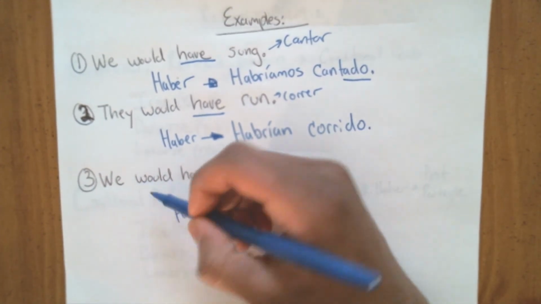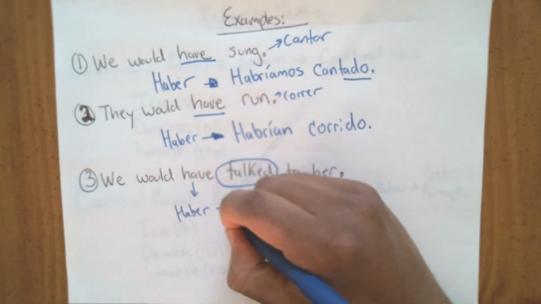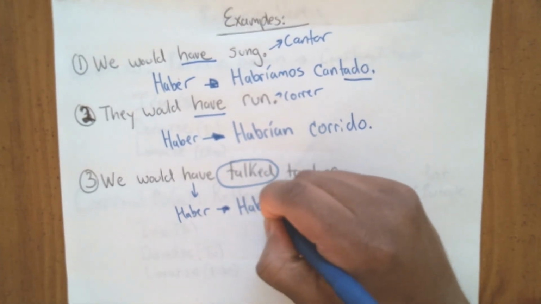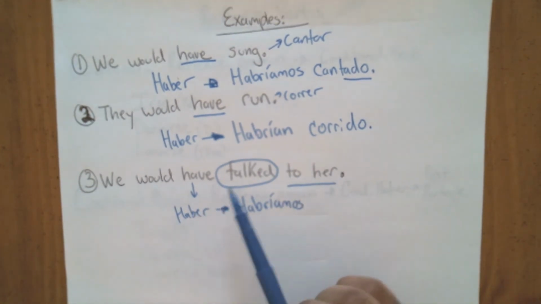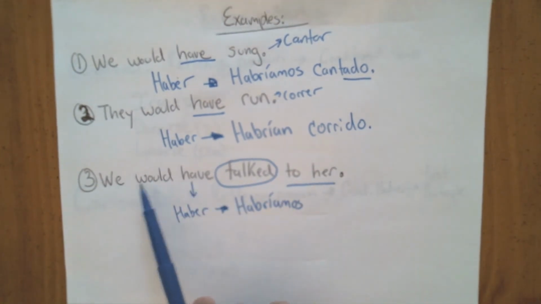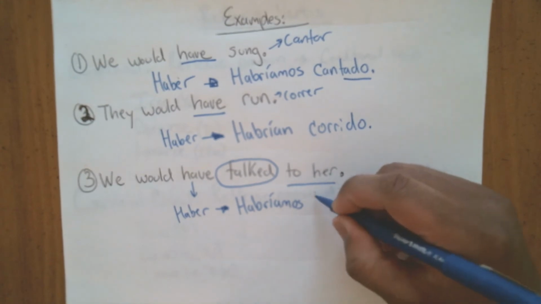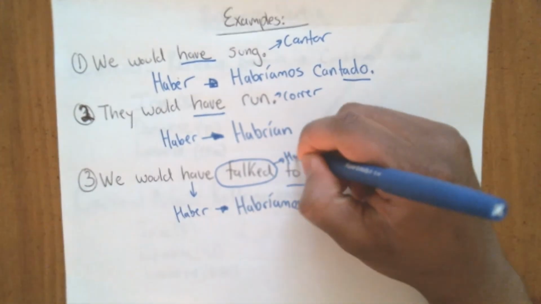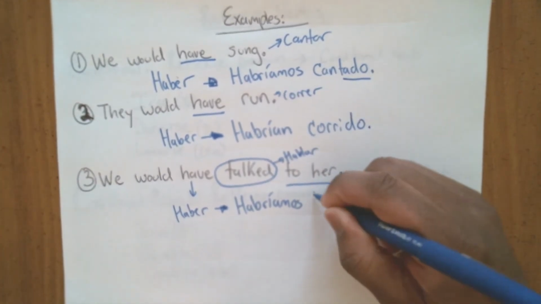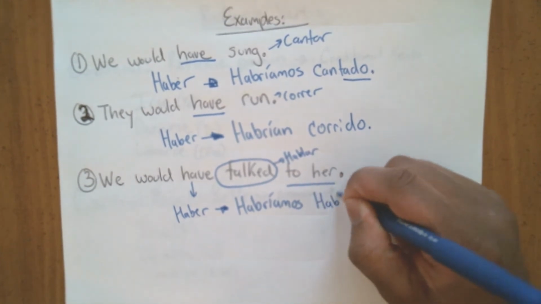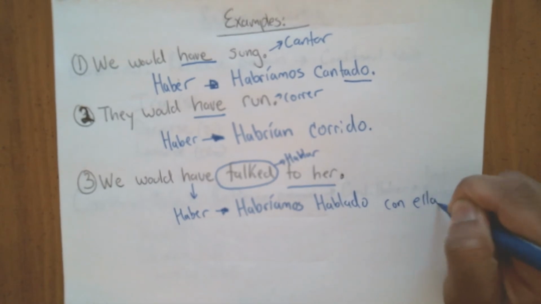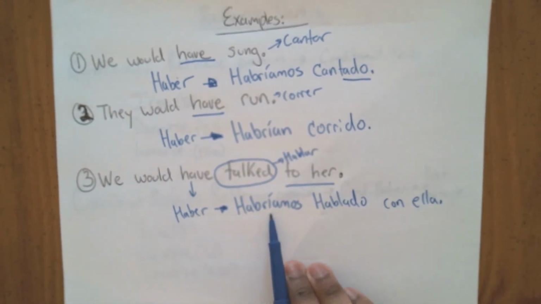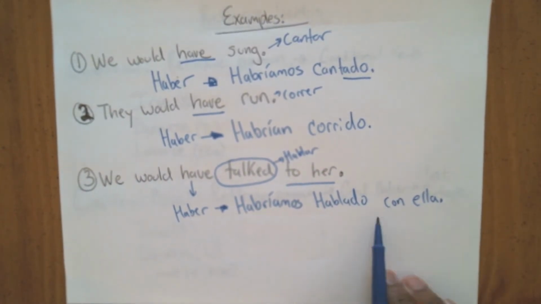We need the we would form, so it's just habríamos, which means we would have. It's have in the we would form. Habríamos, talked is hablar, so it's just habríamos hablado con ella. Okay? We would have talked to her or with her.